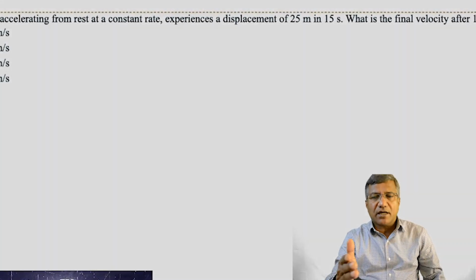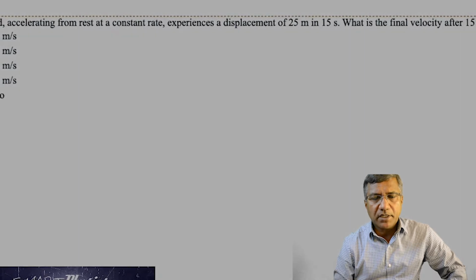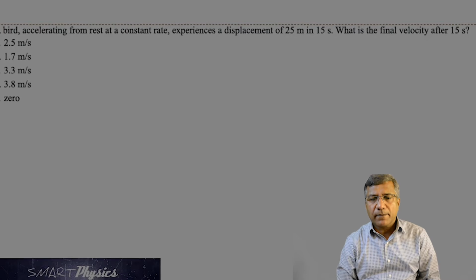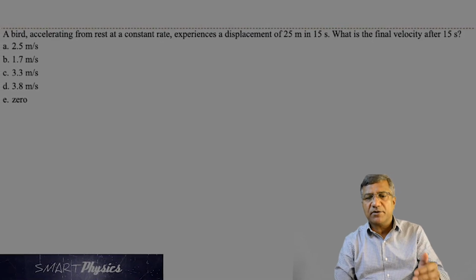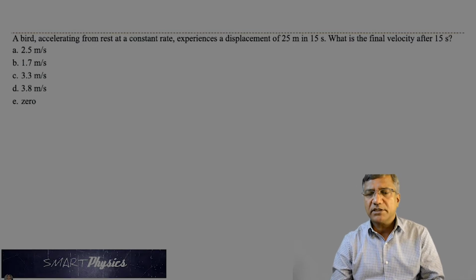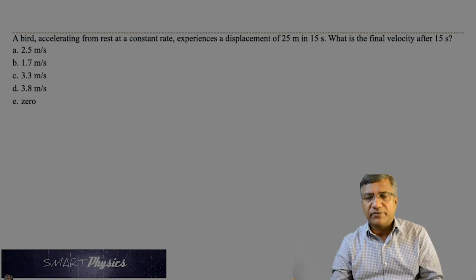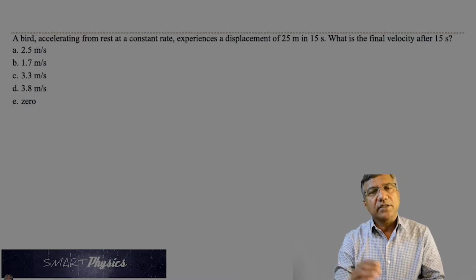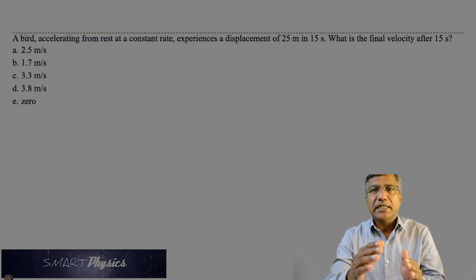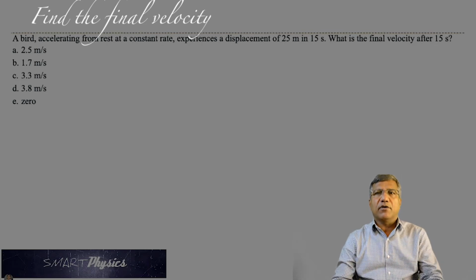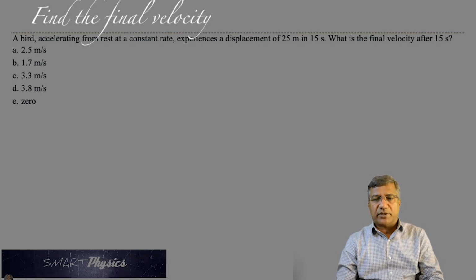So here is our first question. A bird accelerating from rest at a constant rate experiences a displacement of 25 meters in 15 seconds. What is the final velocity after 15 seconds? So let's read that again. A bird accelerating. Okay, so this bird is accelerating, so we can use the equations that involve acceleration here because it's accelerating at a constant rate.